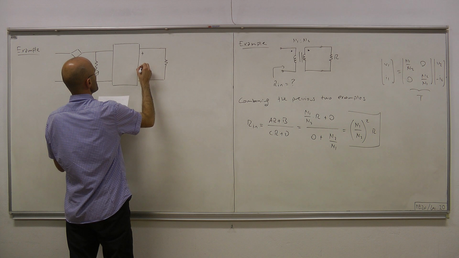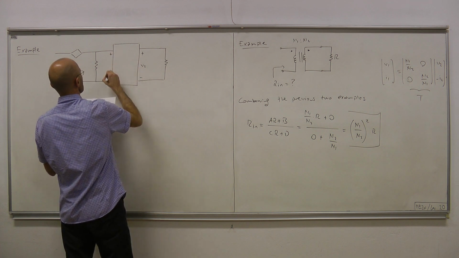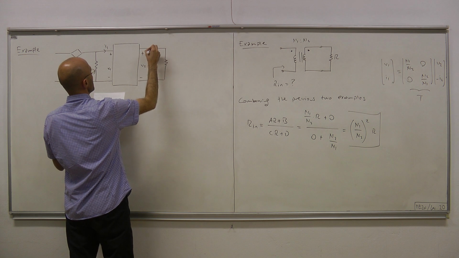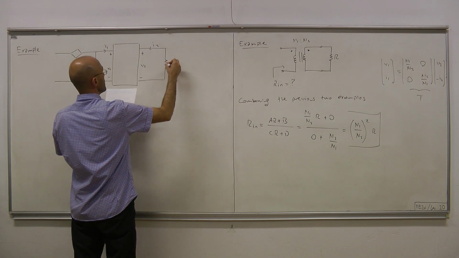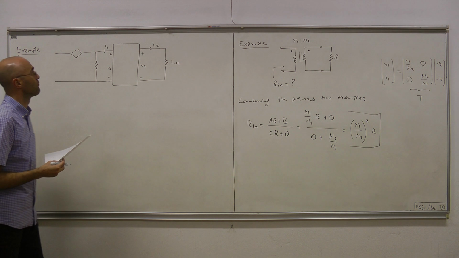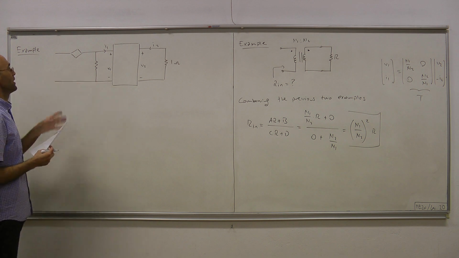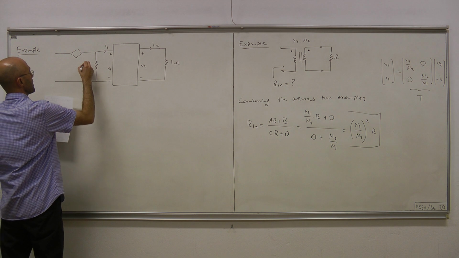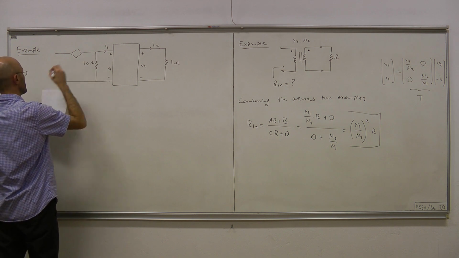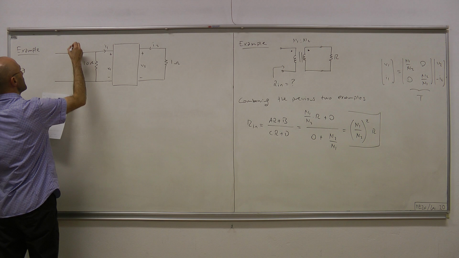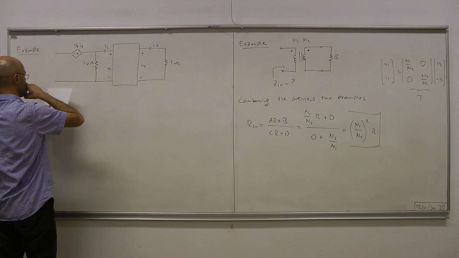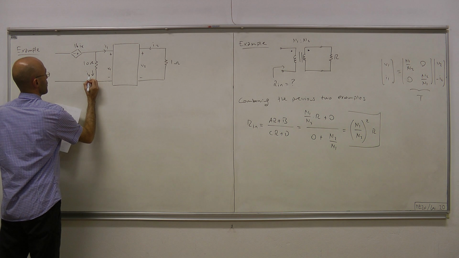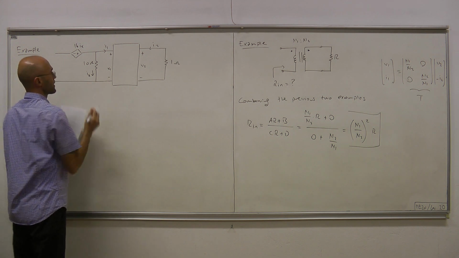Plus-minus V2, plus-minus V1, I1, I2. Here we have 1 ohm. That's how the second port is terminated. And to the first port we connect something else. This is a 10 ohm resistor and a dependent source of 16 Ix, and the control variable is here, Ix.